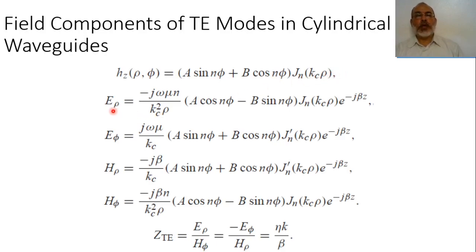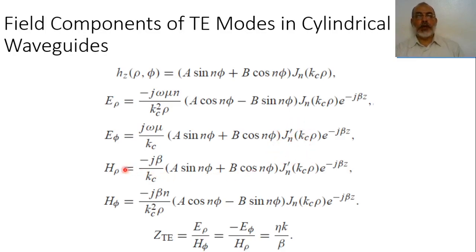Now we can obtain E rho, E phi, H rho, H phi. Here E rho would be proportional to the derivative of Hz with respect to phi, so this would be proportional to the Bessel function. E phi would be proportional to the derivative of Hz with respect to rho, so this would be proportional to the first derivative of the Bessel function.